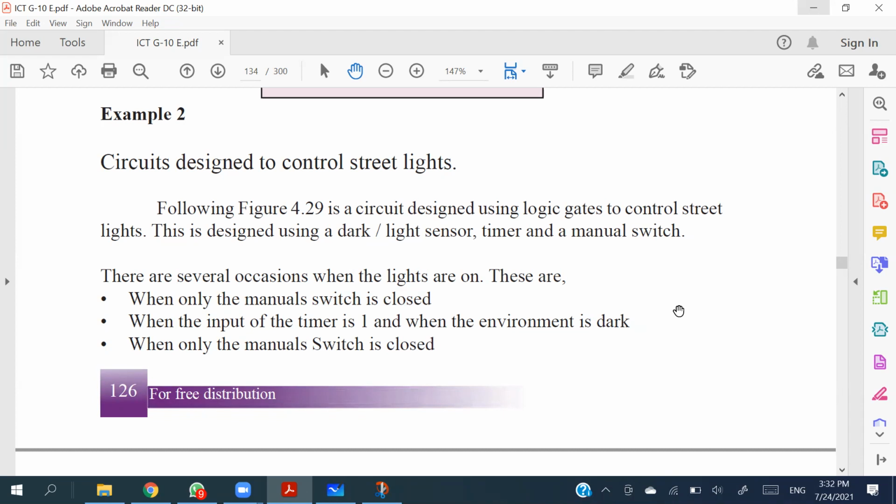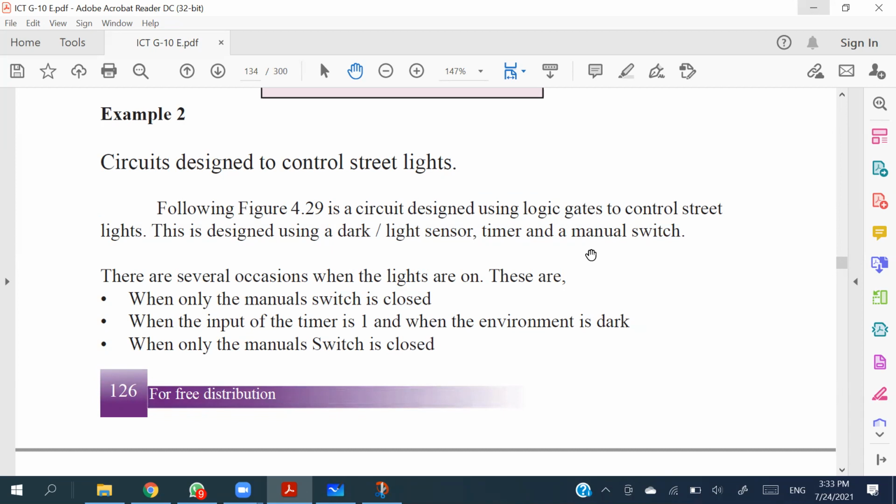So like we discussed, if we are given this scenario, we have to identify the inputs that control the output. These are the inputs: dark light sensor, timer, and the manual switch. What's going to be the output, people? The output is going to be the bulb. The bulb is the one which indicates the output. So 3 inputs, 1 output.